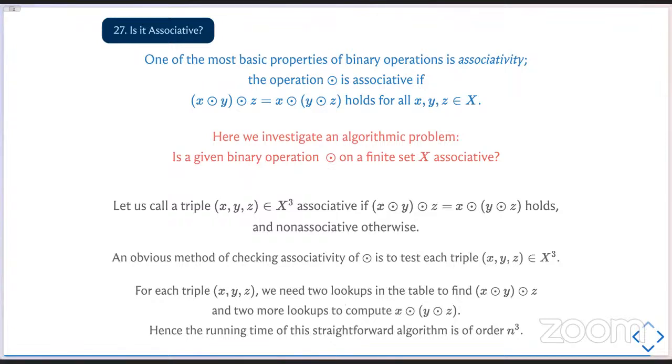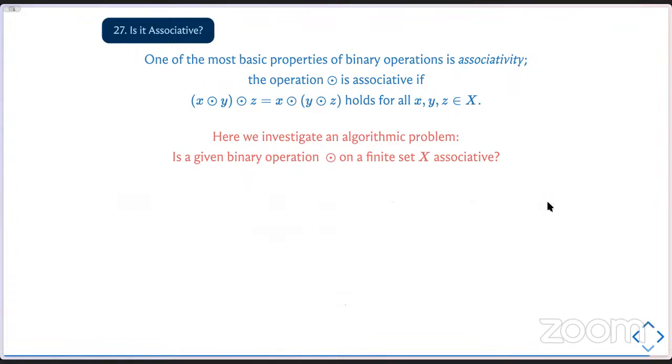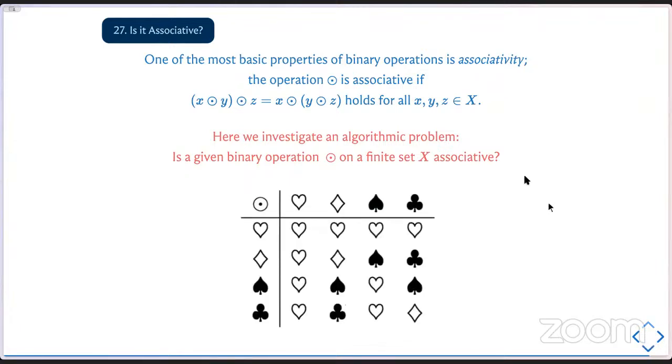Okay, so maybe I should just step back and confirm if the algorithmic task is clear. The input is this n by n table, which is indexed by X on both sides. And what the table gives you is information about what the operation does. I suppose you could have operations that have more succinct descriptions.